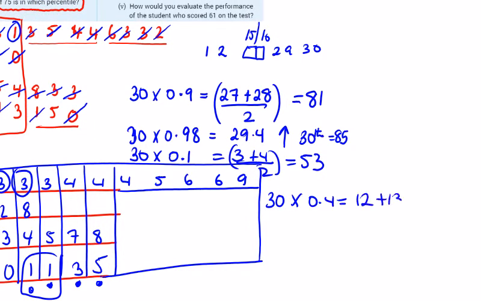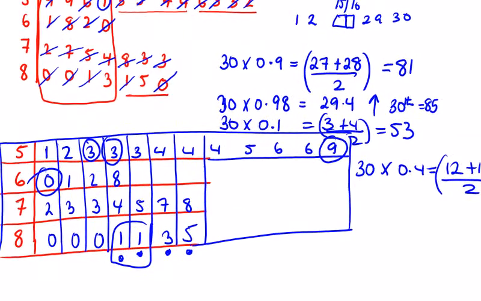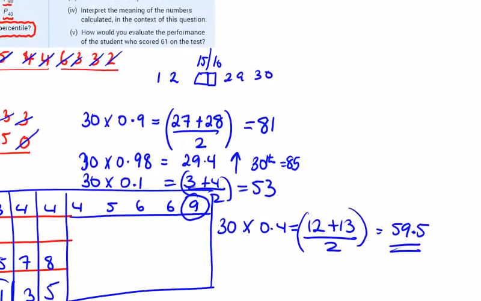So we take the 12th and the 13th and divide by 2. Well, they're 59 and 60, so that's 59.5. So there are all the Ps.